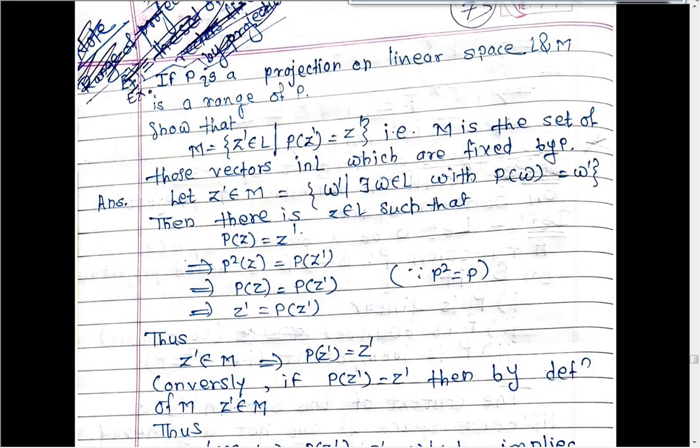For the converse, if Pz' is equal to z', then by definition of M, z' belongs to M. Thus, M is the set of all those elements of H which are fixed by P. So remember that the range of a projection on a linear space is nothing but all those vectors which are fixed by P.